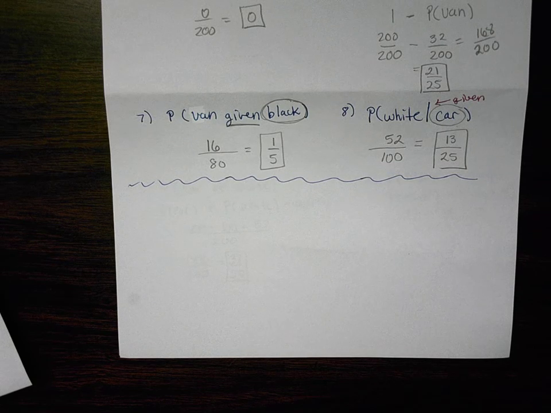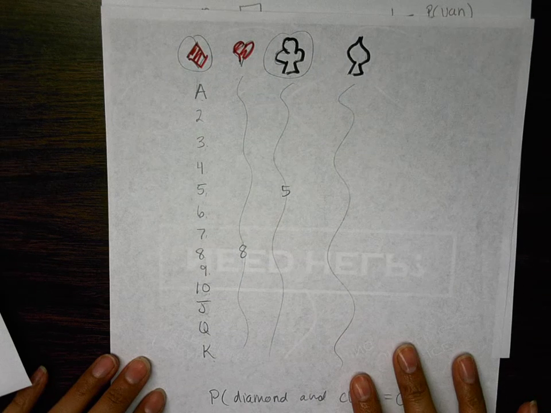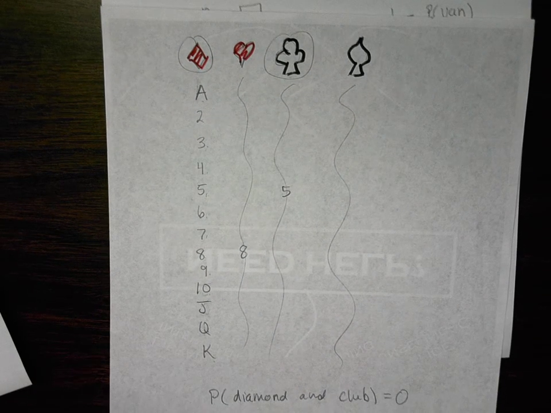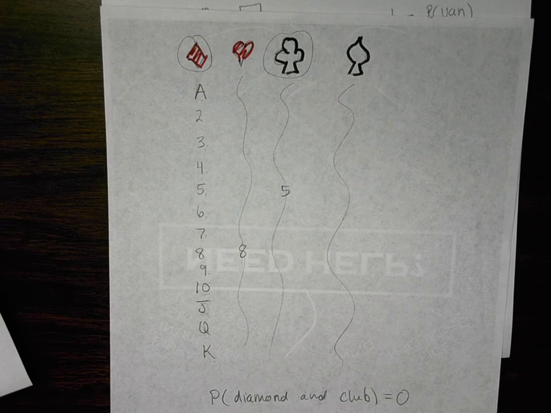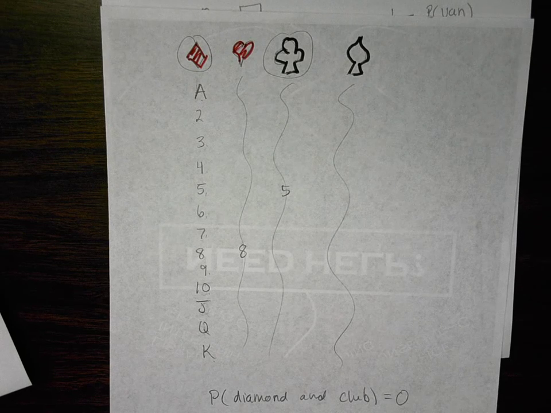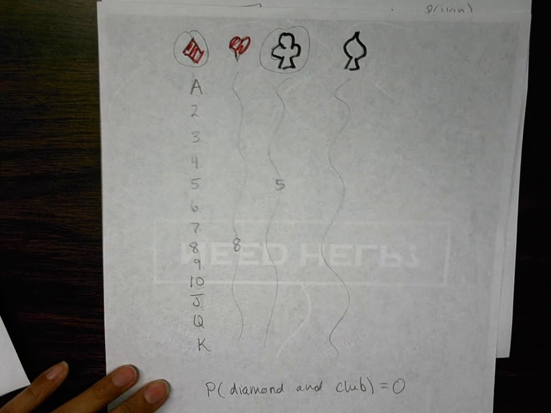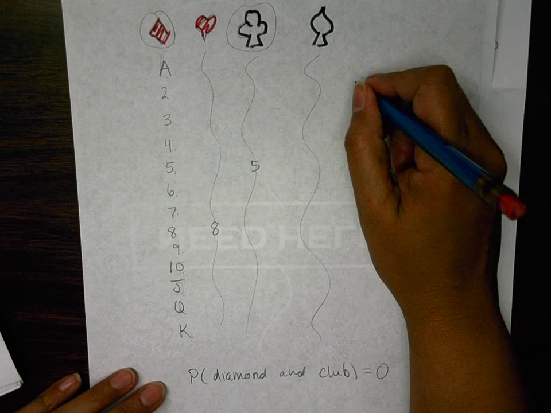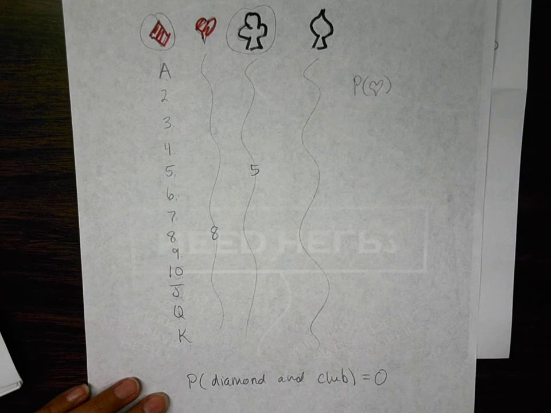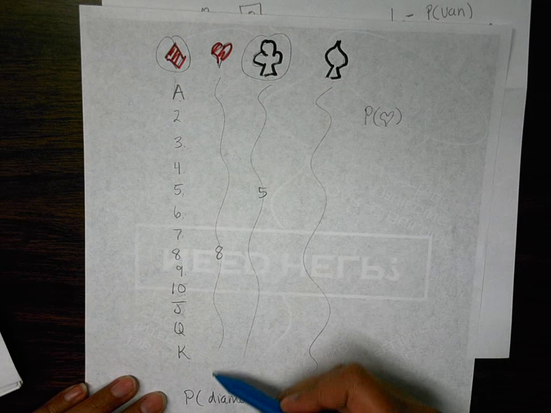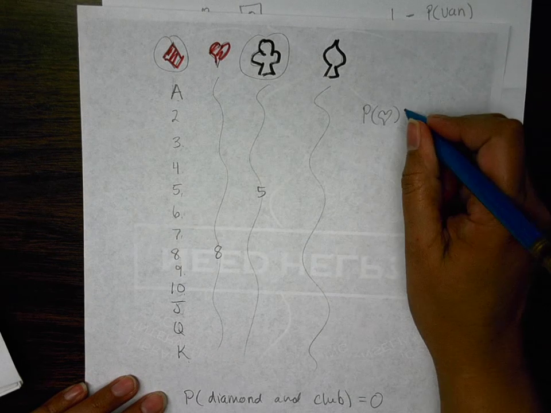We're going back to our deck of cards. We have a standard deck of cards. Shuffle it, and I ask, what's the probability you get a heart? 13 out of 52.